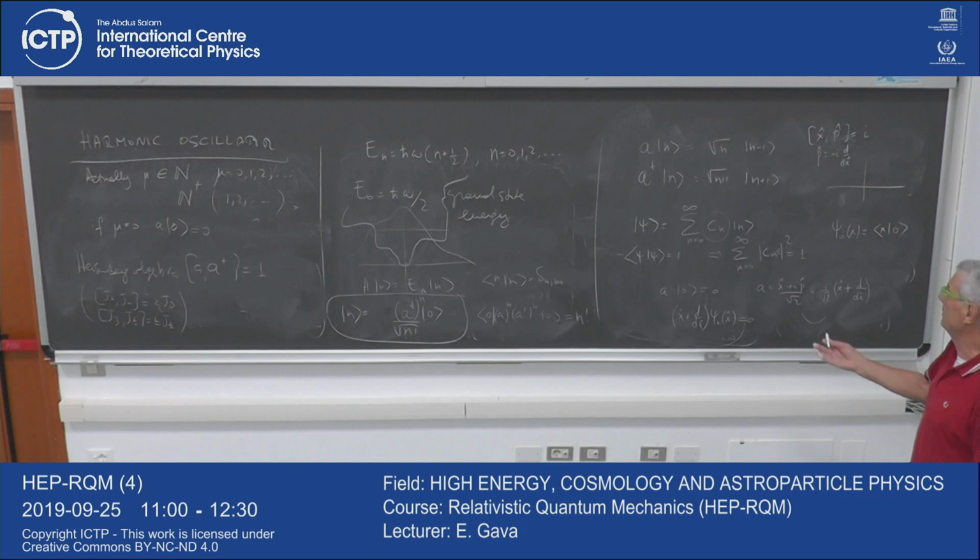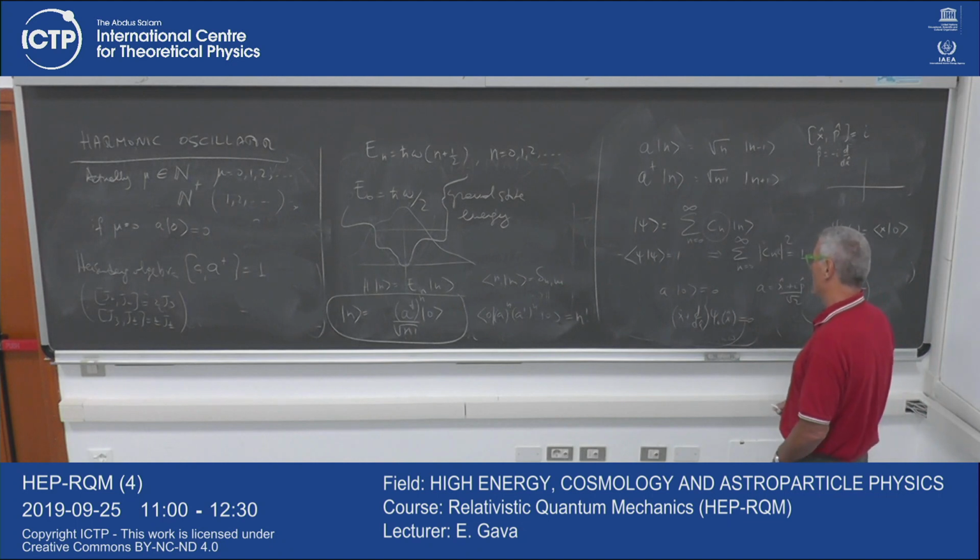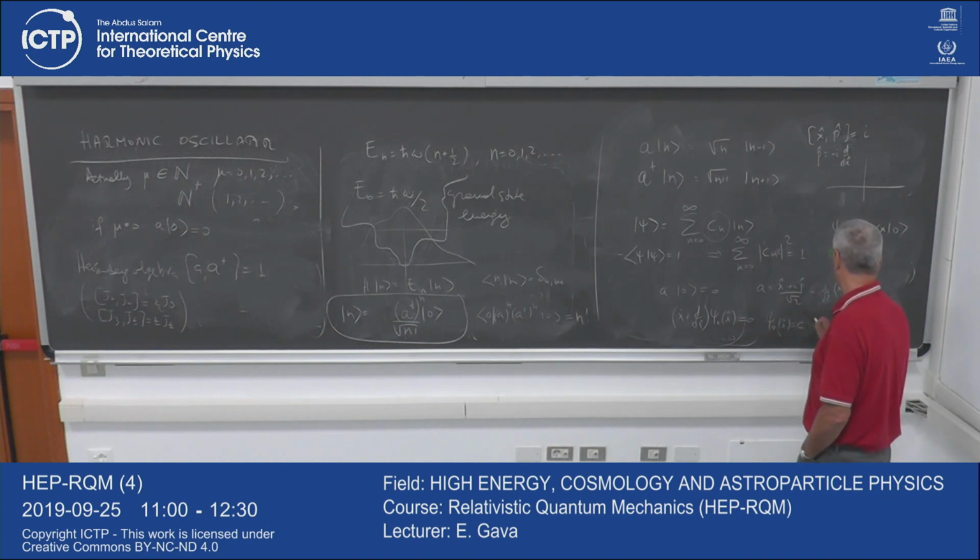That we can easily solve. The solution is precisely the Gaussian: psi 0 of x hat is some constant times e to the minus x hat square over 2.